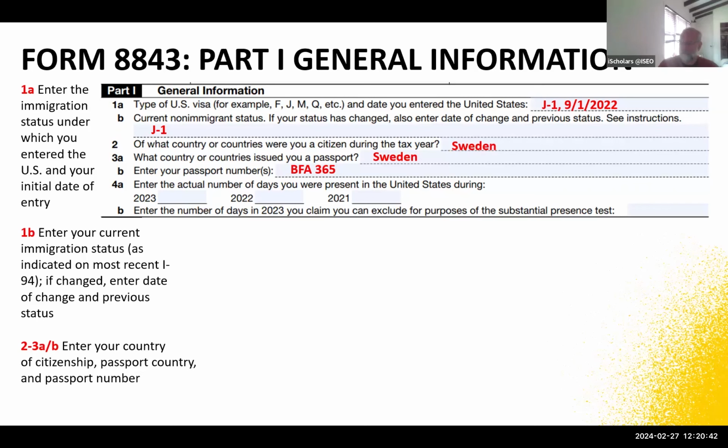So again, pretty straightforward. Question 4A is getting at how many days you were present. So this is counting days for purposes of the substantial presence test. So you would actually literally count the days that you were present in the United States, and you would input them here.